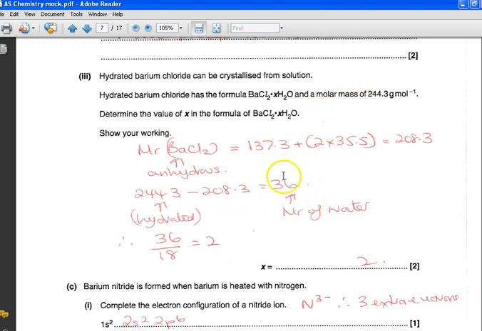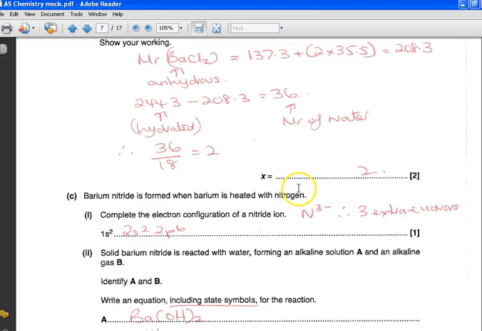Which tells us basically that we've got a molar mass of 36 of water, which tells us, divide by 18, tells us there are 2 waters. Yeah. So as I said, you work out your anhydrous barium chloride, which you're just adding up the molar masses. You take that away from your hydrated, and that tells you how much water is left.